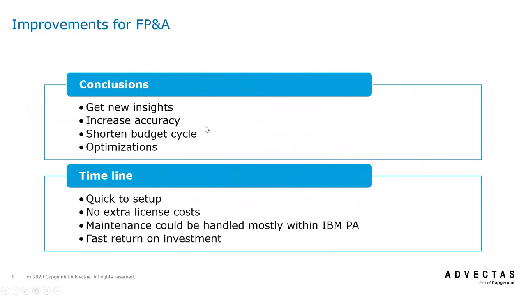One aspect which is always very relevant: if you get your budget cycles pre-populated in a qualitative way, then you will save a lot of time, and you can start your budget cycles right away on analyzing the data instead of compiling the data.